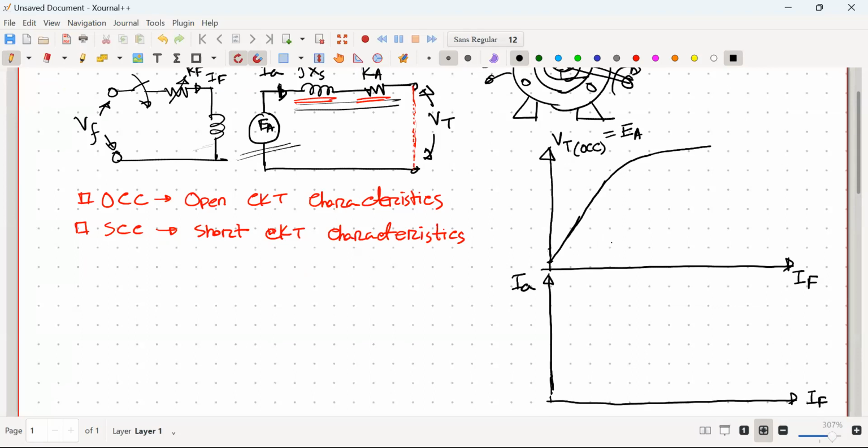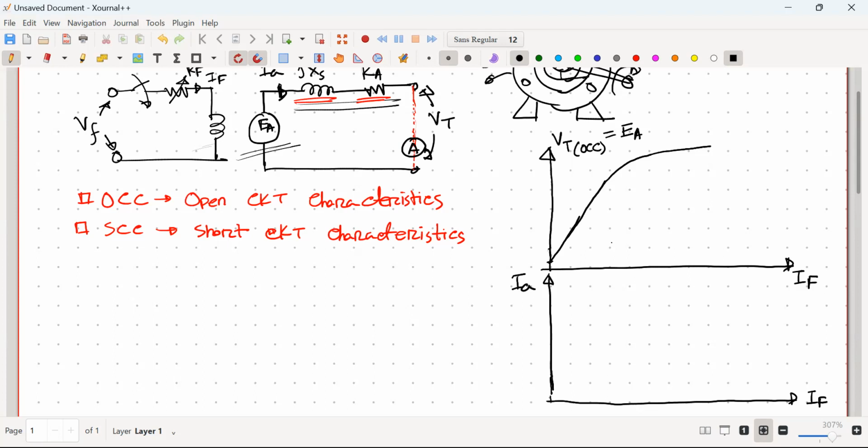Now for a small amount of IF, IA will be increased drastically because this side is shorted. So what is the maximum current that I can take? When we perform this operation, we'll connect one ammeter here. I know my generator takes a maximum amount of current, which this generator is designed for, and that current is named the rated current.